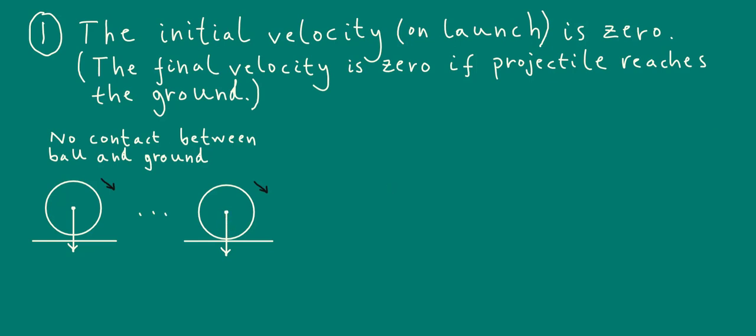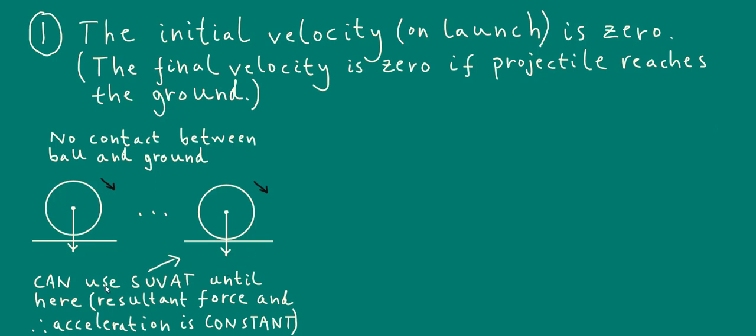And this means that we can use the SUVAT equations right up until this point, just before the ball makes contact with the ground, because the resultant force, which is just the weight, is constant, and that means that the acceleration is constant.